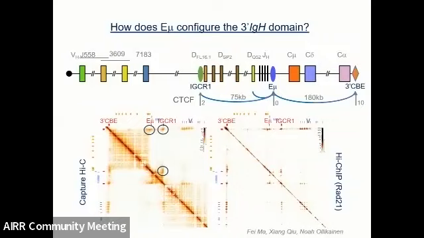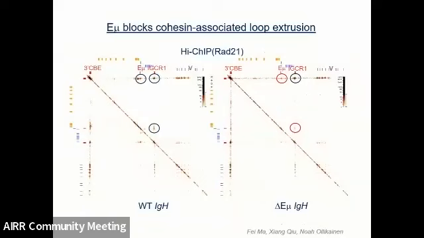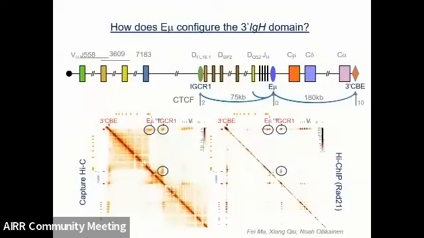We do the same kinds of experiments by pulling down CTCF, or we can pull down other histone modifications to ask how specific sites of histone modifications interact with each other in the genome. But when you look at this map, you also see essentially the same things. You see the same idea, the interaction of the enhancer with the 3' CBEs, the interaction of the enhancer with IGCR, and so forth. So what happens when you remove the enhancer from this configuration?